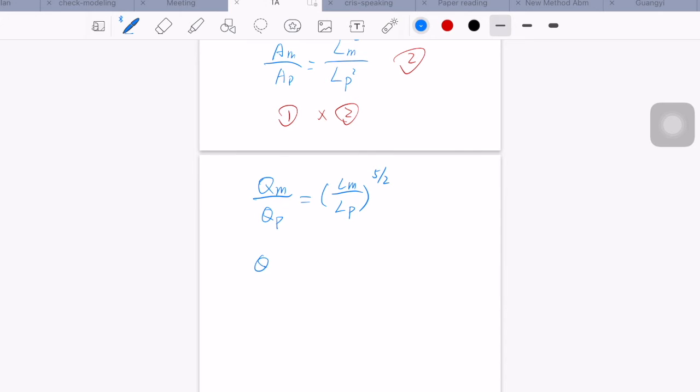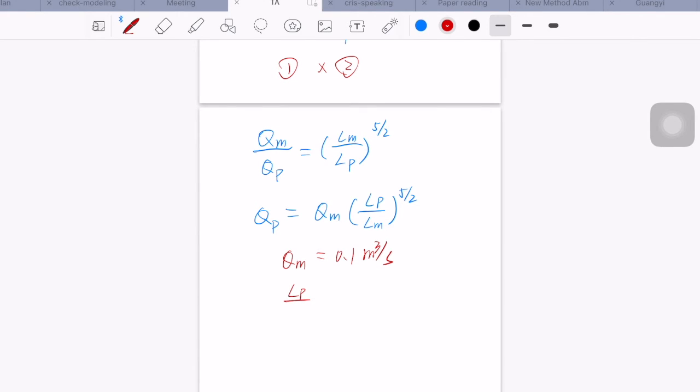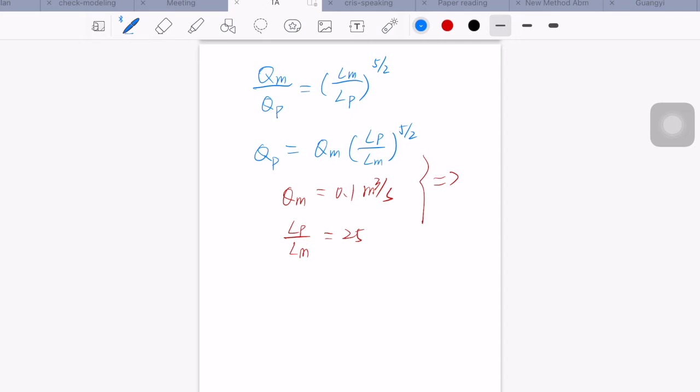So Qp should be equal to Qm times Lp over Lm to the power of 5/2. From the problem, Qm is 0.1 cubic meters per second and Lp over Lm is 25, so Qp is 312.5 cubic meters per second.